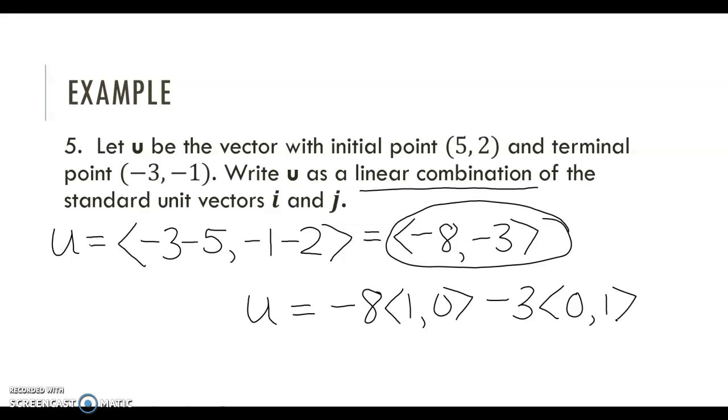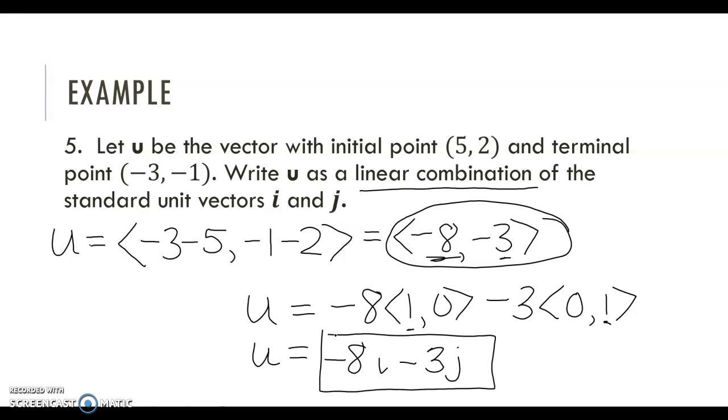I wrote it like this because the 8 was in that first position and the 3 was in that second position, so I can split it up to look like that. And then I can rewrite this as -8 times i, this vector can be replaced by i, minus 3 times j, and this vector can be replaced by j. And so that is taking this component form and writing it as a linear combination of the standard unit vectors.